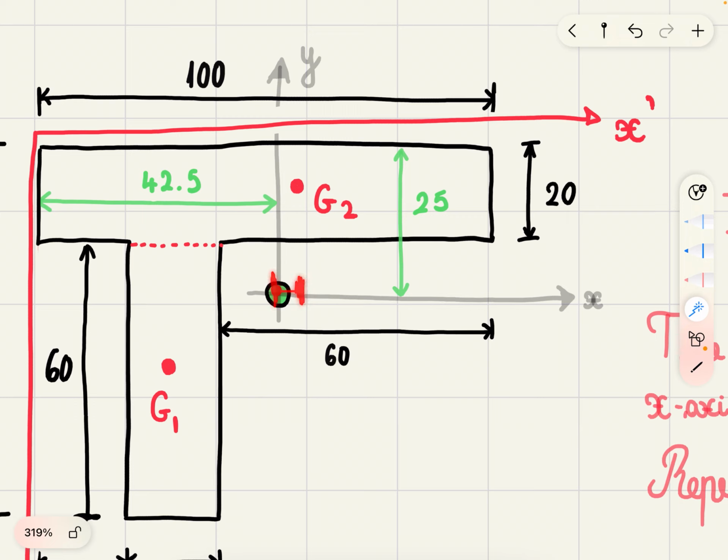Now, once again, we know that from G2 to the y prime reference axis, the distance is going to be 50, half of the total length. And from G to the y prime reference axis, 42.5.